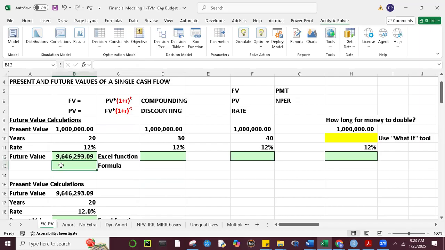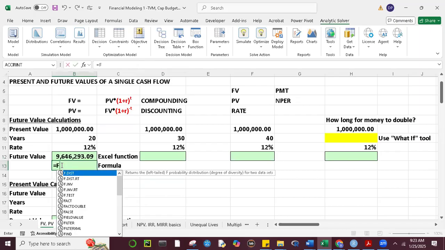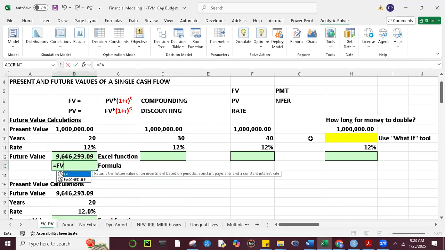Now, in Excel, there's a formula called FV. If you type a function in Excel, and do not type the parentheses yet, Excel will give you the meaning of this formula. It says here that the FV function returns the future value of an investment based on periodic constant payments and a constant interest rate.